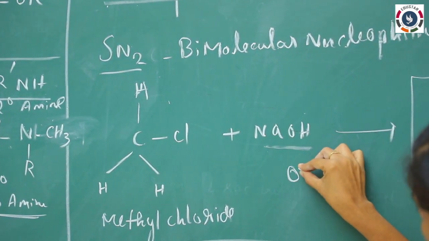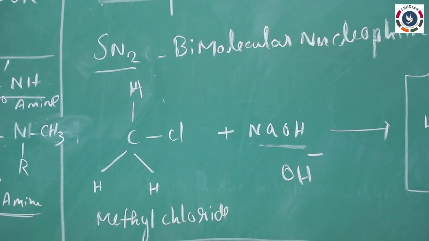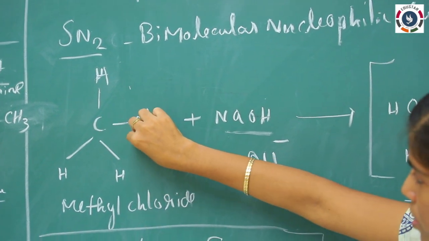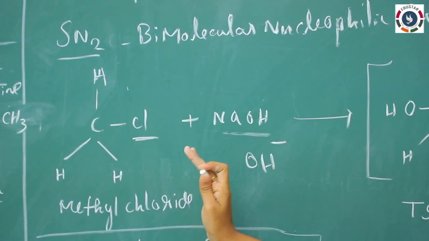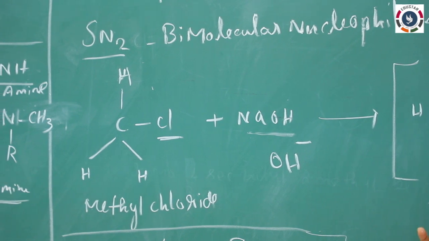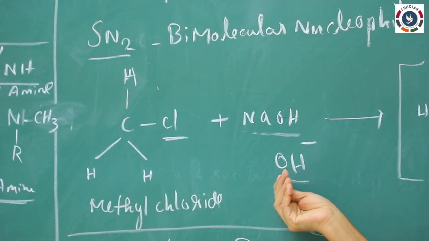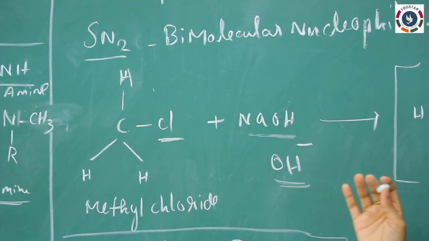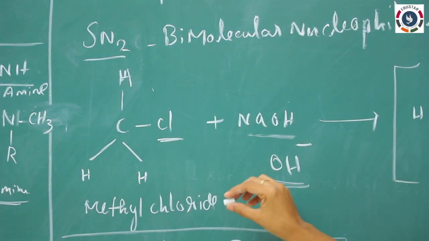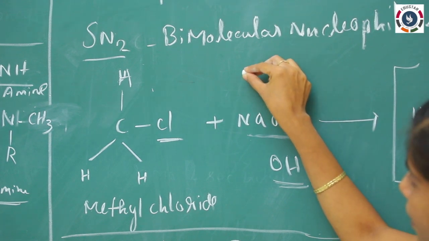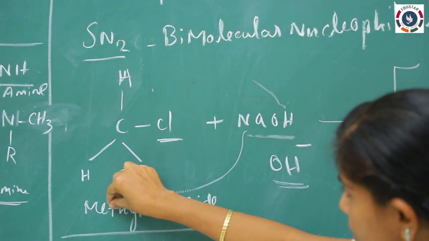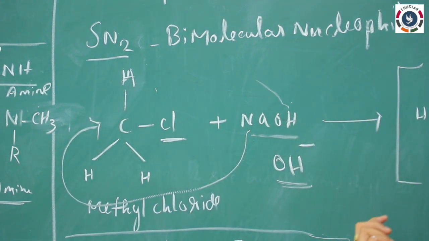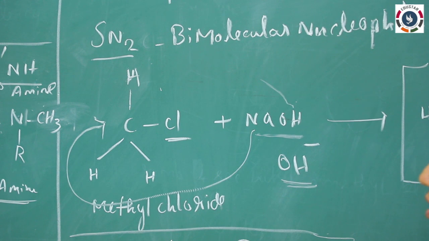Here the OH minus is going to act as a nucleophile. The halogen is present at one end of the carbon atom. Now, when this sodium hydroxide approaches this substrate, what happens is it will add at the back side of the halogen.